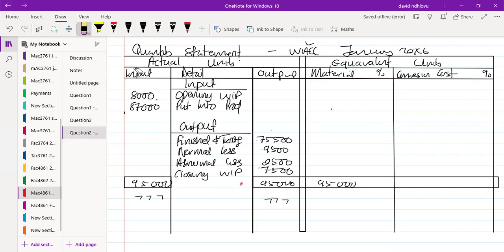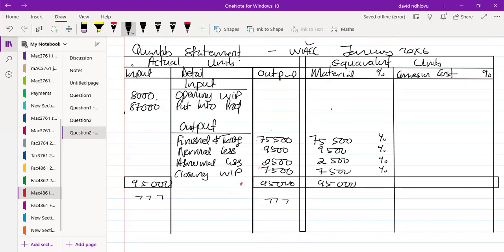So when we say something is incomplete, it's work in progress, we are talking about the conversion cost because all the material are fed at the beginning of the period. So therefore, we are saying an output of 7,500 completed and transferred will translate to the same quantity in terms of material. So it is the same for everything here if you are using the weighted average method.